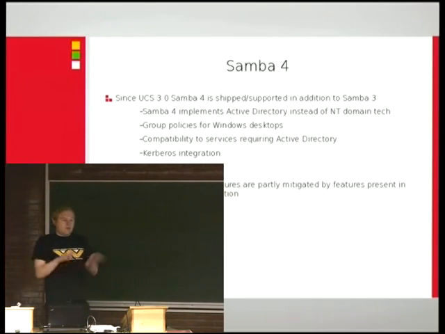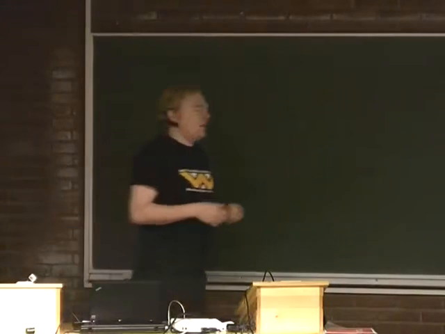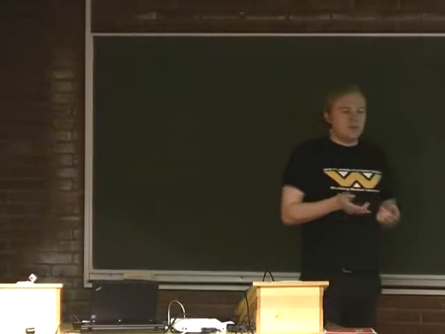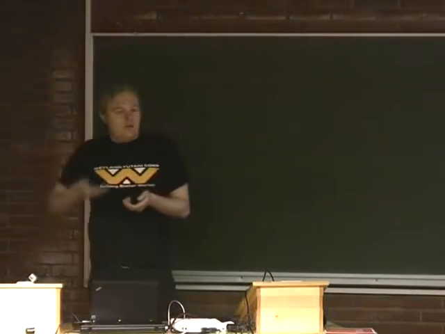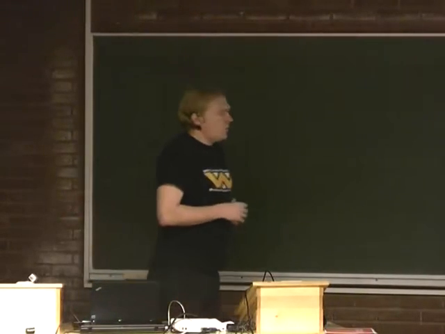So if you have a domain which is currently based on entirely Linux-based systems, and you're providing, for example, Windows client support using Samba 3, and your boss requires you to introduce Exchange in the near future, then you would need to install an additional Microsoft Active Directory based on Windows Server, while Samba 4 provides you with the necessary means and compatibility features to even run such services which require Active Directory in a purely Linux-based domain.